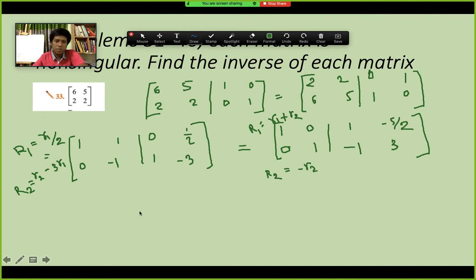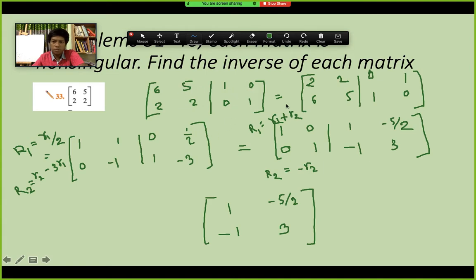So our inverse of this matrix is 1 minus 1, minus 5 by 2, 3. So this is the inverse of this matrix, and that's all.